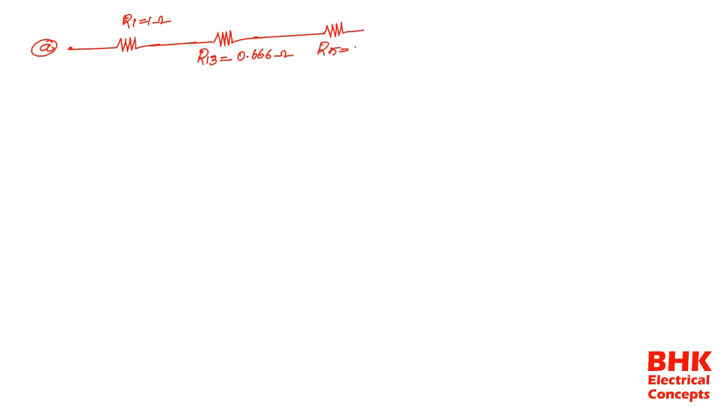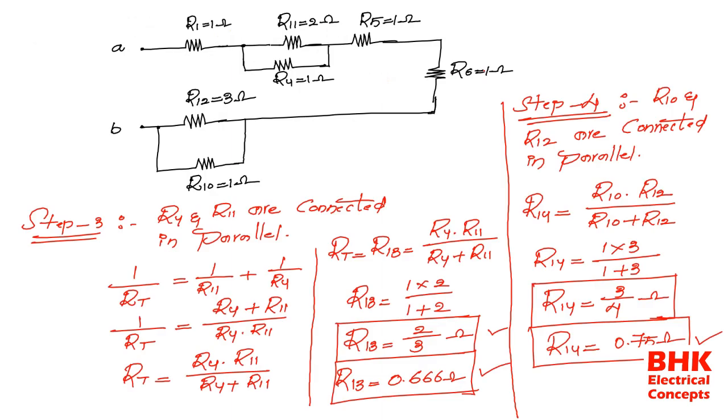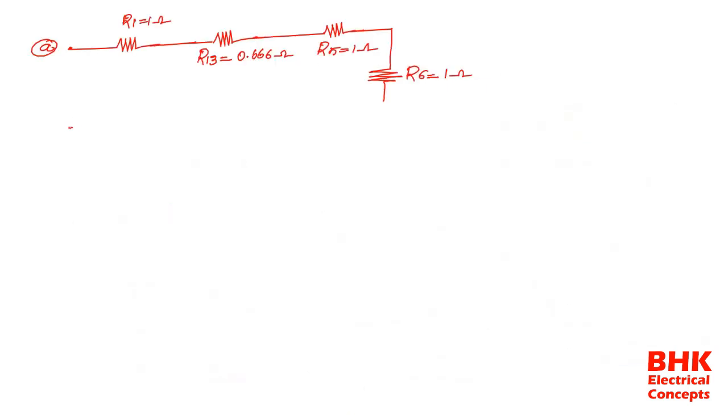So R5 is equal to 1 ohm, and here we have the value of R6. So R6 is equal to again 1 ohm, and just see here the parallel combination of R10, R12, we got the value of R14, that is what? 0.75. Now we can directly place this 0.75 instead of the parallel combination, that is R14 is equal to 0.75 ohms.